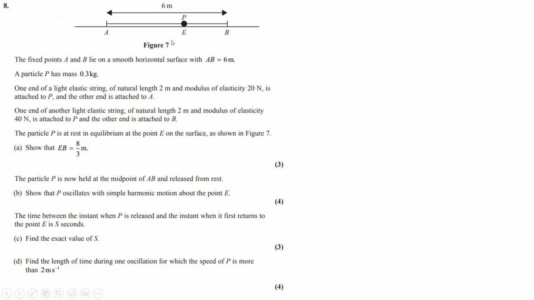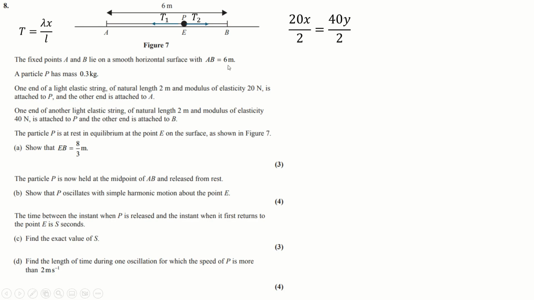Anyway, question number 8 then is the simple harmonic motion question. Finally, we get to it. And firstly, we have tension, we'll call it tension 1 in this string, and we'll call it tension 2 in this string. Of course, we have the tension by Hooke's law is given by lambda x over L, where x is the extension and L is the natural length, which is 2 for both.